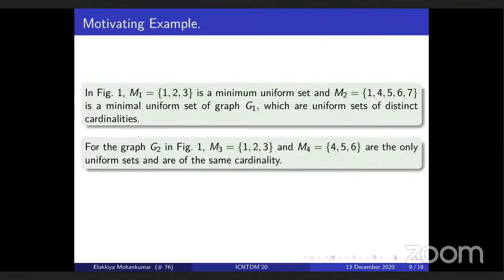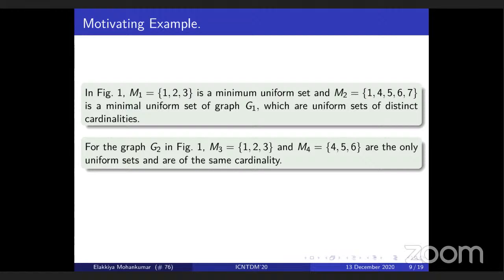And if we take, in figure 1, the graph G2, M3 is equal to {1, 2, 3} and M4 is equal to {4, 5, 6}. These are the only uniform sets and are of the same cardinality.